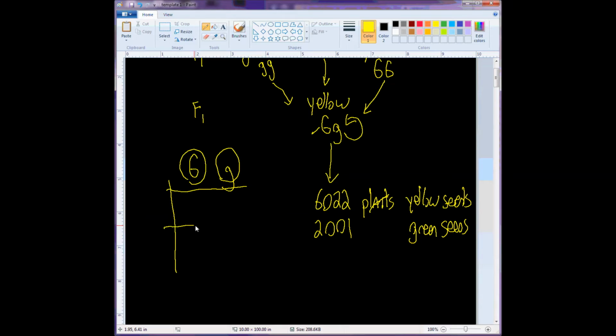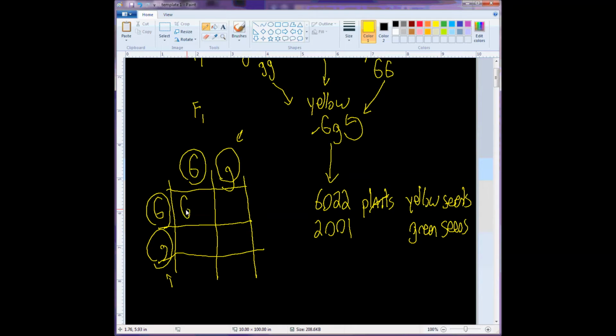And normally we draw the female gametes up here and the males here, but that doesn't matter so much. Okay, so same thing for the other gametes. Big G from the other parent, little g. Combine these together: big G, big G, big G, little g, big G, little g, two little g's.